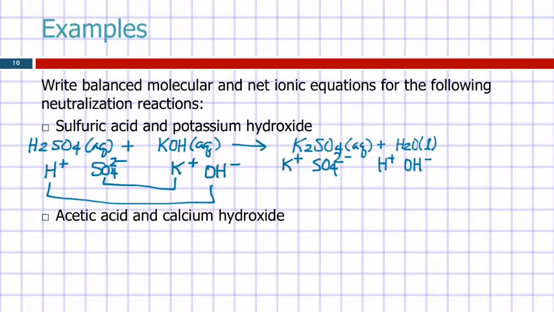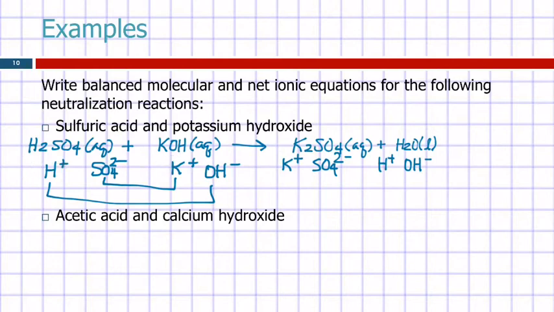Is it balanced? No. If you've got monoprotic acid and monobasic base, then all the coefficients are going to end up being 1. If you've got a polyprotic acid or a dibasic base, then you're going to have to balance it. So H2SO4, this is diprotic. It forms 2 hydrogen ions. Those 2 hydrogen ions, one of each goes to a water molecule. And then this is a monobasic base.